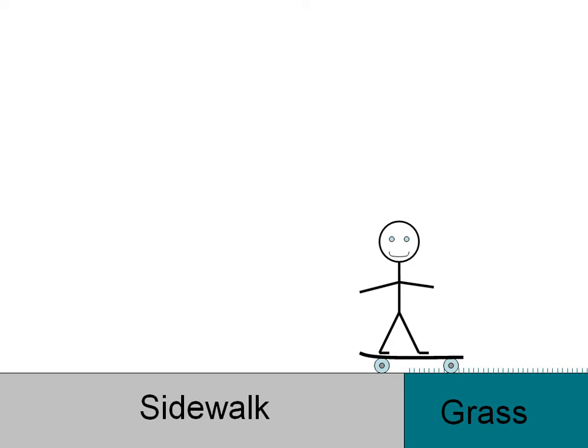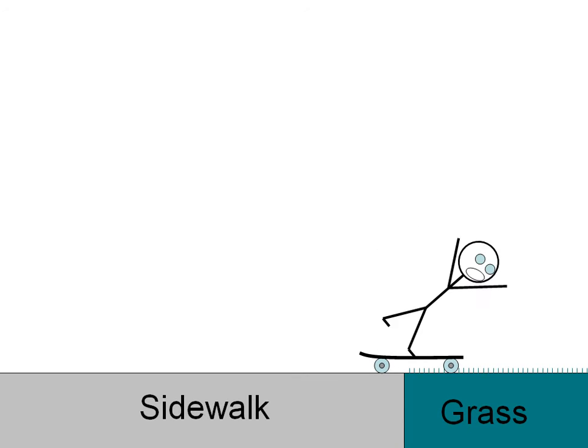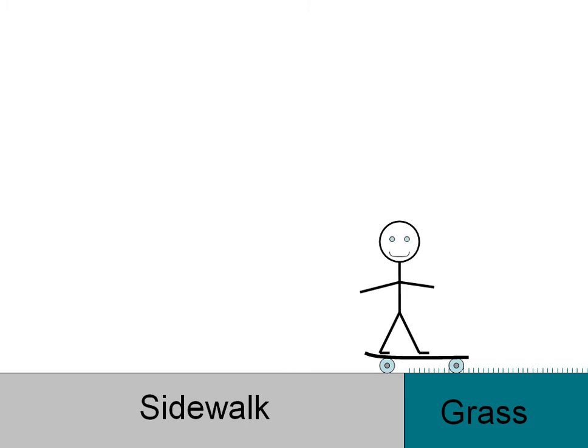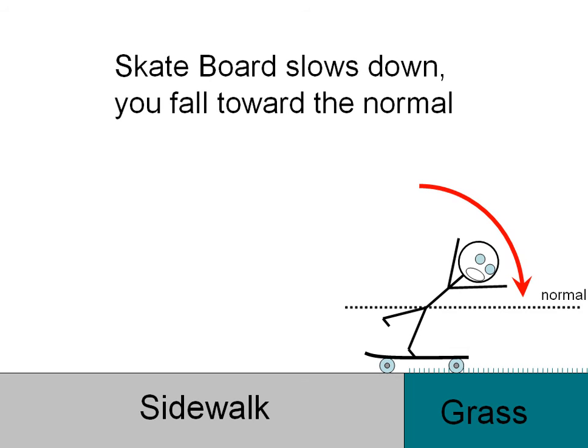Now the sidewalk is smooth, and so I'm moving nice and quickly there, and then when I go into the grass, which is rough, I slow down. So the skateboard slows down, but because of inertia, I keep flying forwards and fall off the skateboard. If we look at my normal line perpendicular to my surface, when the skateboard is slowing down, I'm falling towards the normal line.